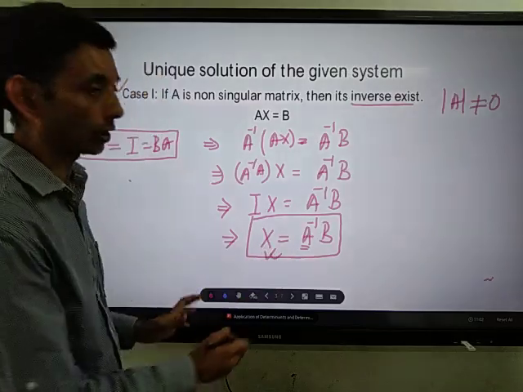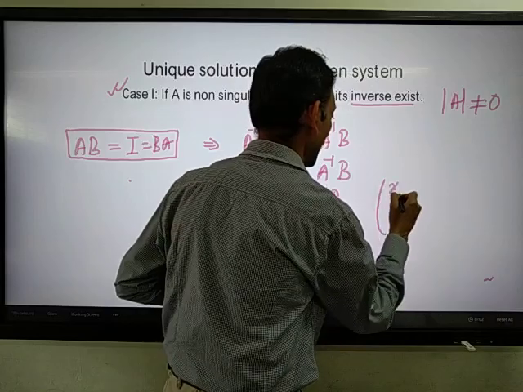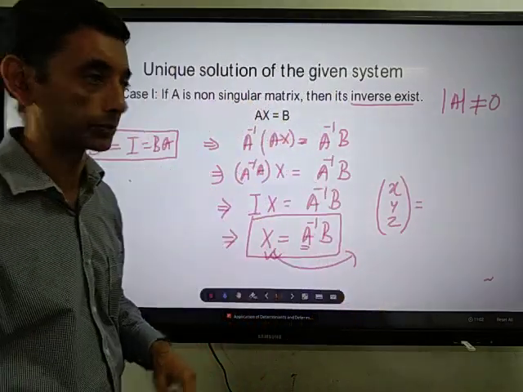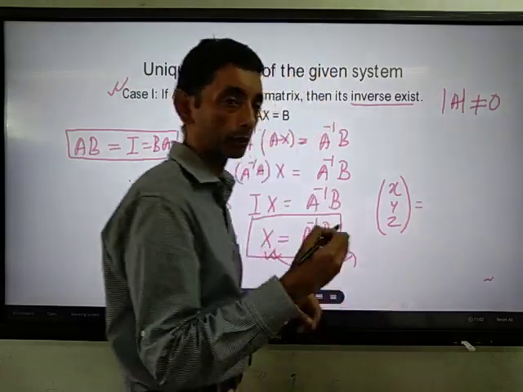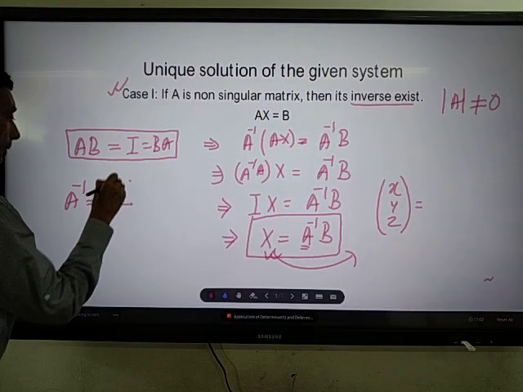Now we know how to solve this. X can be written as the column matrix X, Y, Z, and we know how to find A inverse with the help of a simple formula.